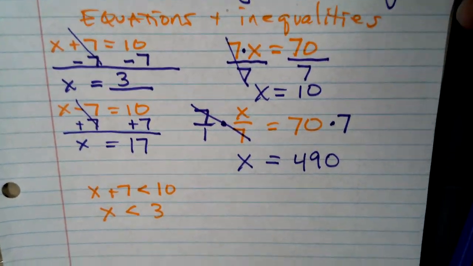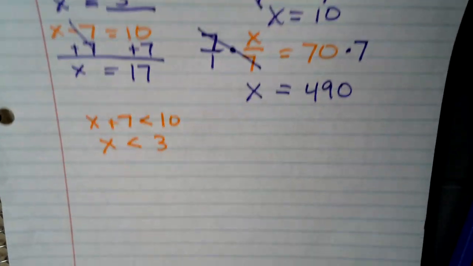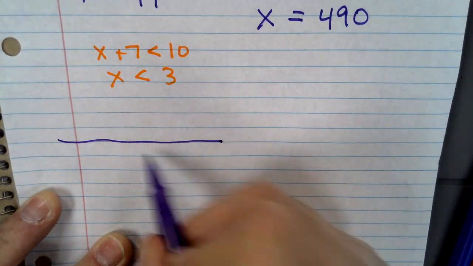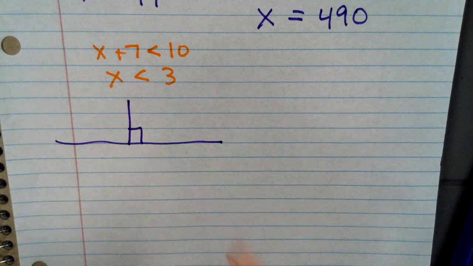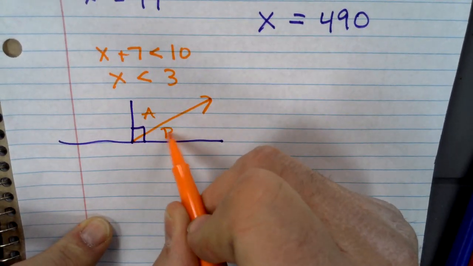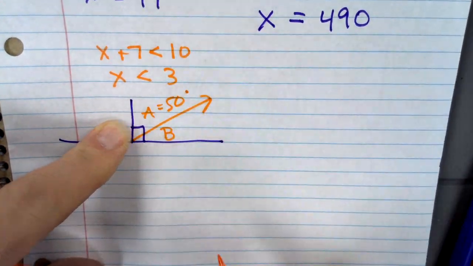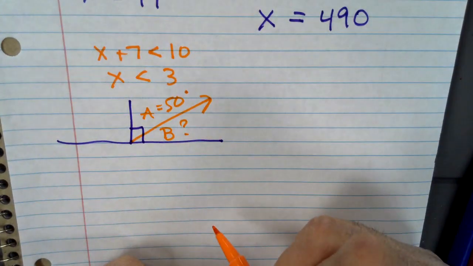Now, once you understand algebra, they'll try to do algebra with angles and triangles. So, quick reminder, that's 90 degrees. So if I said this is angle A and this is angle B, and I said angle A is 50 degrees. And I said, well, what is angle B?